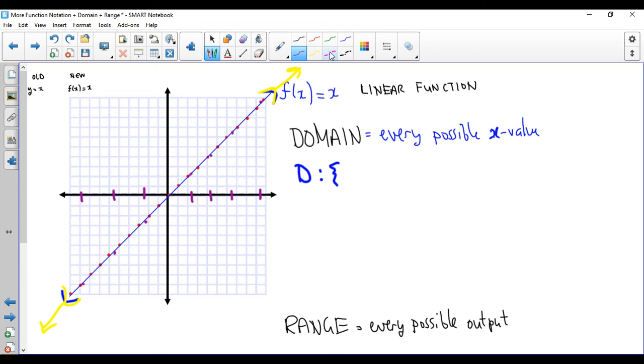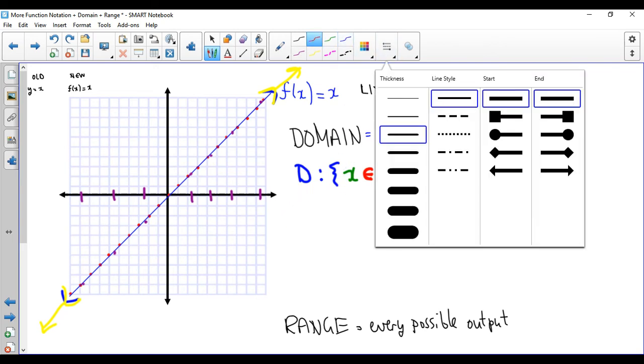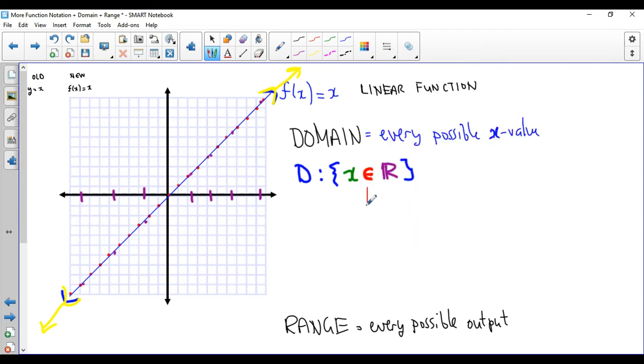Well, here's how we do it. We're going to write x, and then we're going to write an e like this. It's like a cursive e, and then we are going to write the capital R, and then a squiggly bracket. So you know what x is, but let me just talk to you about what these letters mean. This cursive e is epsilon.